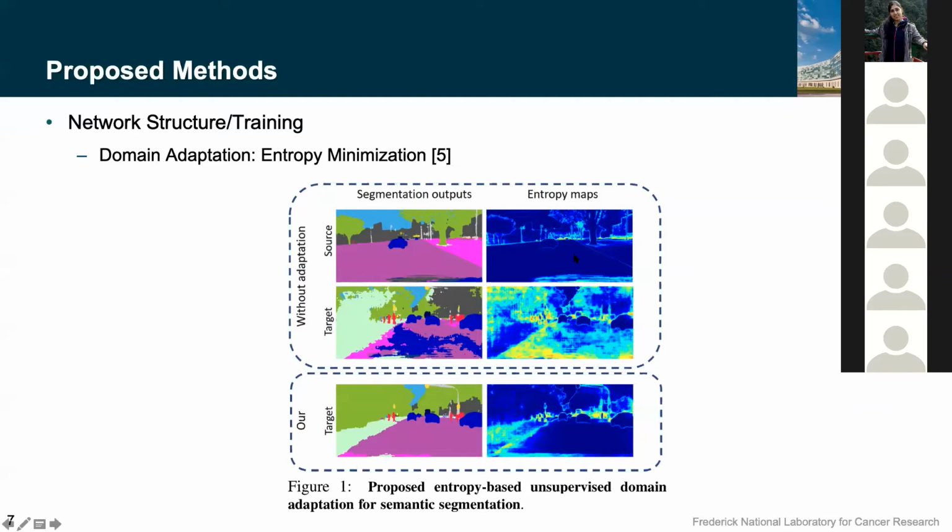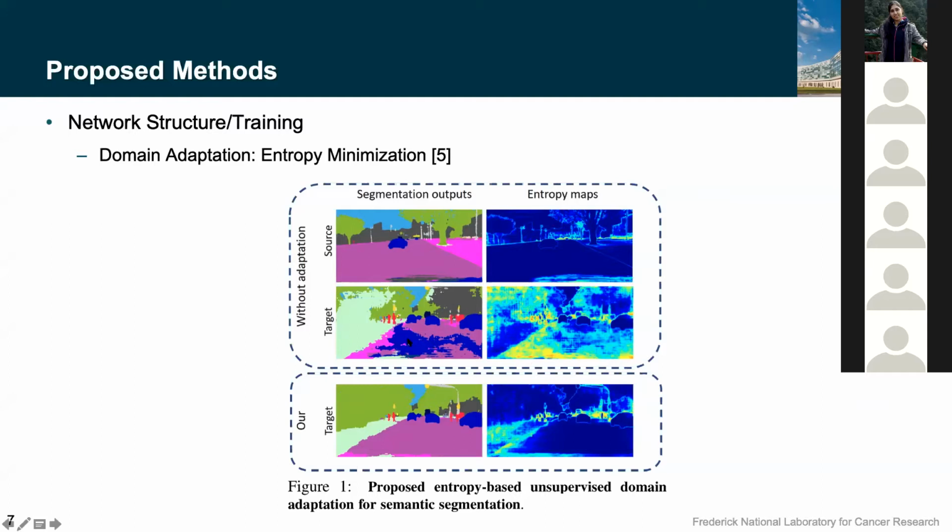You can only see high entropy on the boundaries. But when you apply the trained network and predict target images, the prediction is very noisy. If you look at the entropy map, it is very noisy. As you can see in this area, the entropy values are very high, which leads to the noisy prediction.